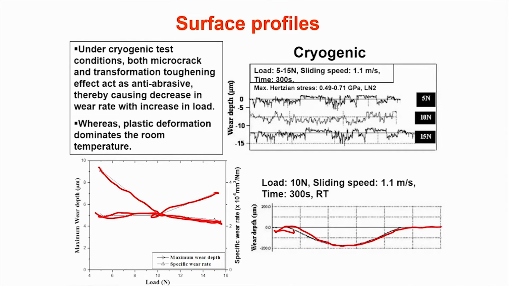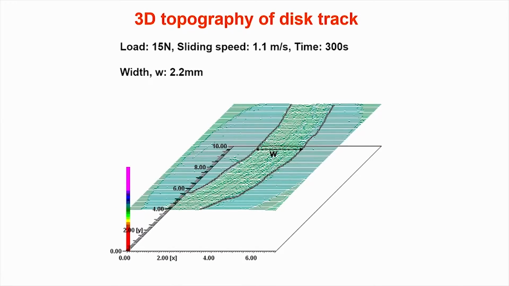The trace of the 2D profiles clearly shows a very smooth worn surface, and this smooth worn surface is a very characteristic feature at the sliding test of 10 Newton load at sliding speed of 1.1 meter per second. So this is the typical laser surface profilometer trace of how this wear track appears on the worn zirconia disc.